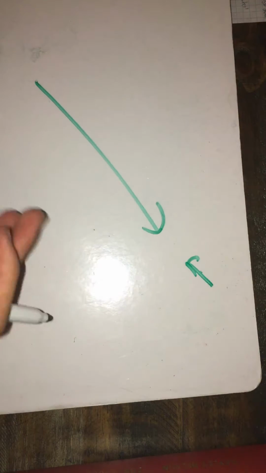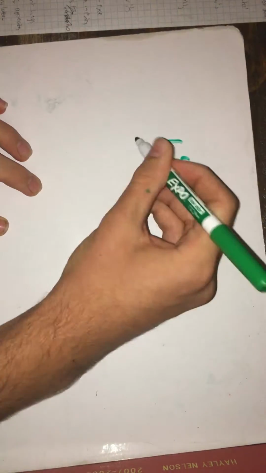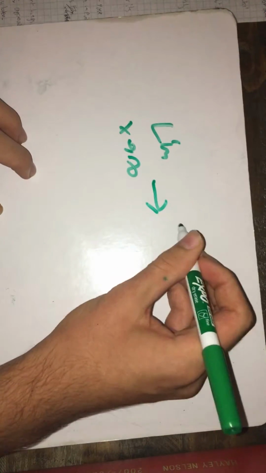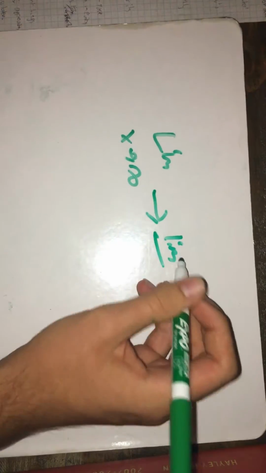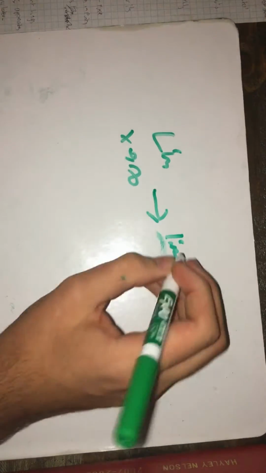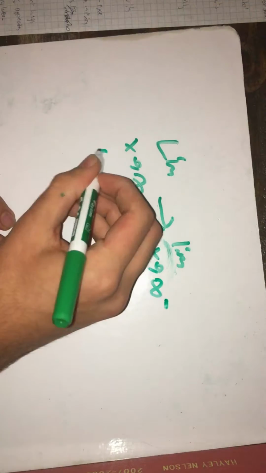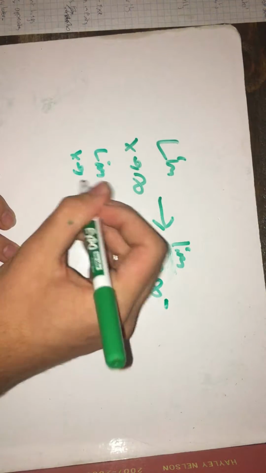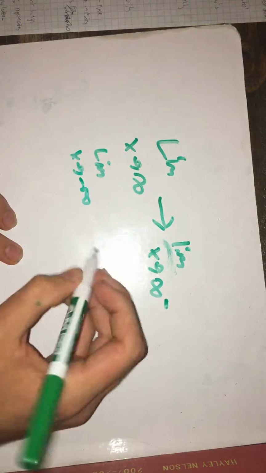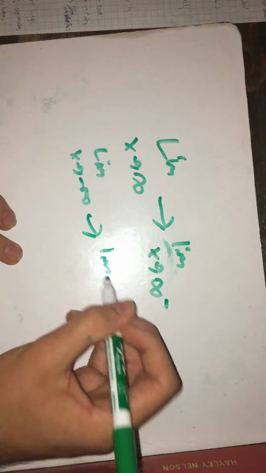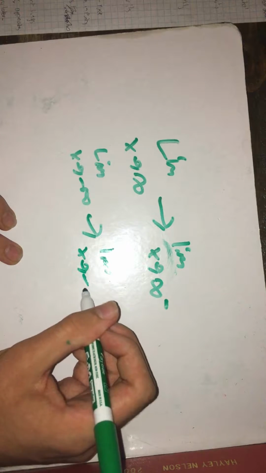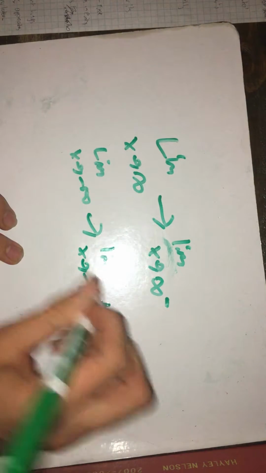Science says no. So when you write limit as x goes to infinity, you are actually meaning to write limit as x goes to infinity from the left. And when you write limit as x goes to negative infinity, you're writing that as limit as x goes to negative infinity from the right.